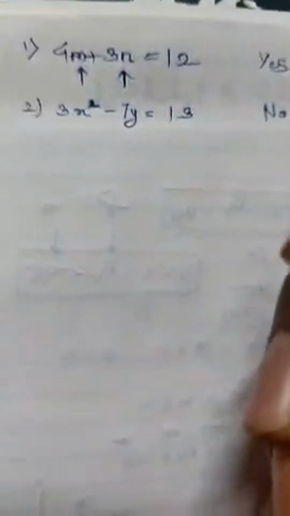Next we have the equation 3x square minus 7y is equals to 13. Is this an equation in two variables or not? The answer is no, because this equation has the square, so it will give a curve.